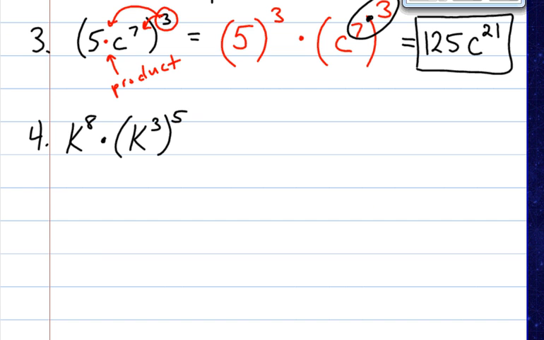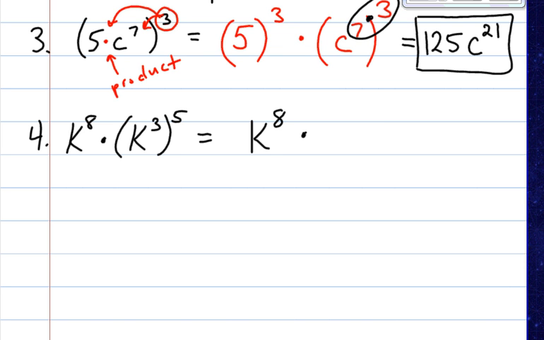Example 4. For example 4, you're going to have to remember PEMDAS. So what you're going to have to do first is what's in parentheses. So you have k to the 8th, and then that's times k cubed in parentheses, and then to the 5th. So what I'm going to do is that k to the 8th, that just stands alone, and I'm going to hold on to that and make it wait until I've simplified k cubed to the 5th power.